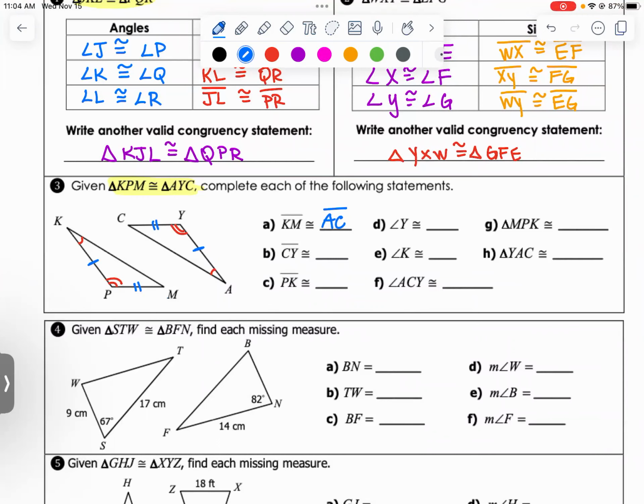So over here, AC goes from the one swoop to, I didn't mark it. Okay. CY, side CY is congruent to what? Very good, MP. We need to make sure that those are in the same order. So CY, MP, or I look here, CY, okay? MP would be that same order with how we draw it out, okay?